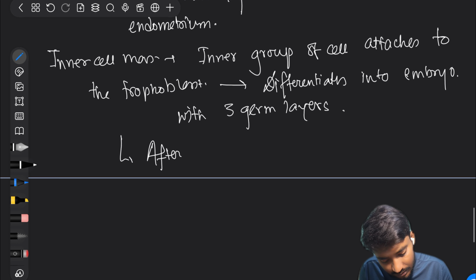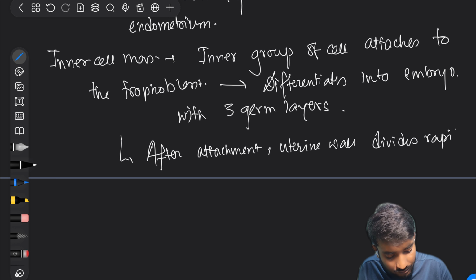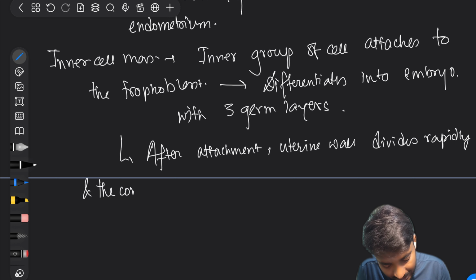So after attachment, the uterine wall divides rapidly and covers the blastocyst.